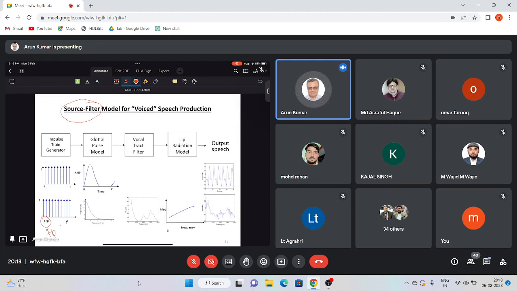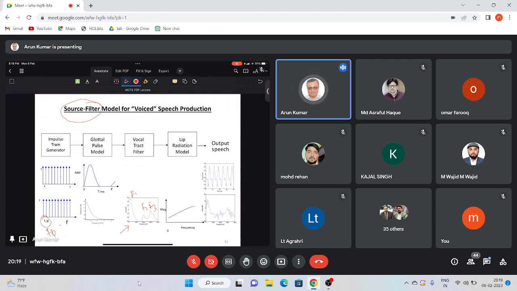So it will have a transfer function, and the frequency response would essentially give you peaks corresponding to the formant frequencies. Right? So in this case, F1, F2, F3 are the resonance frequencies which are excited in the vocal tract.